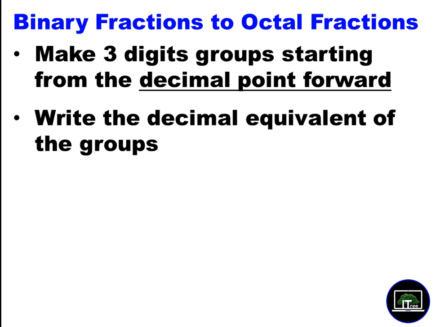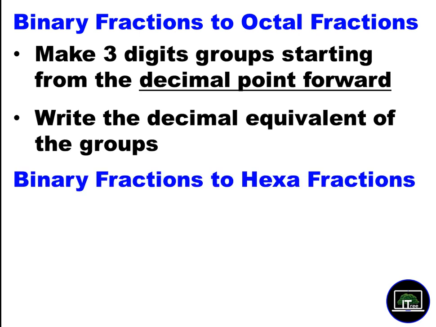In the whole part, we started at the decimal point and went to the left side. Here we start at the decimal point and go to the right side. We always make the 3 digit group. Then you write the octal equivalent of these groups. Okay, you take one example and we can discuss that.